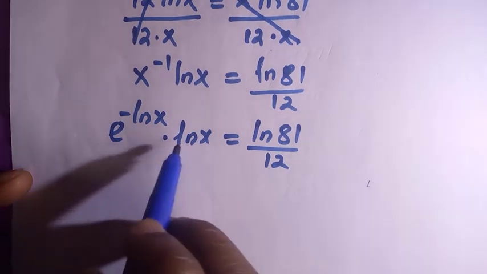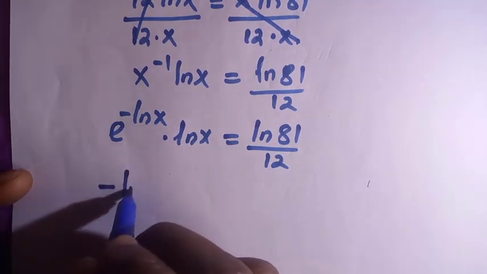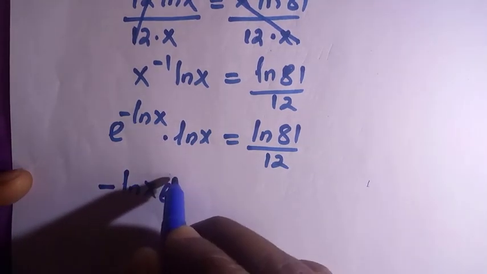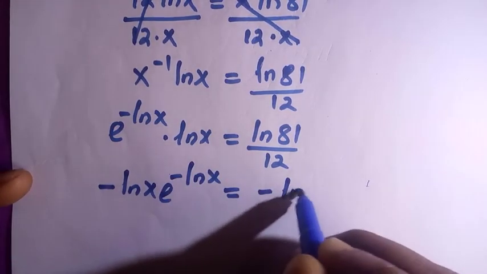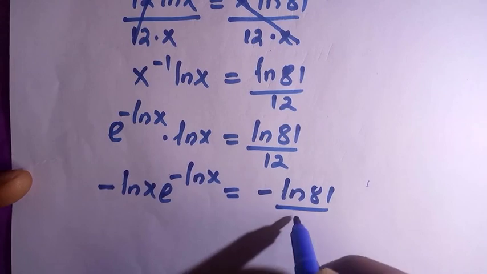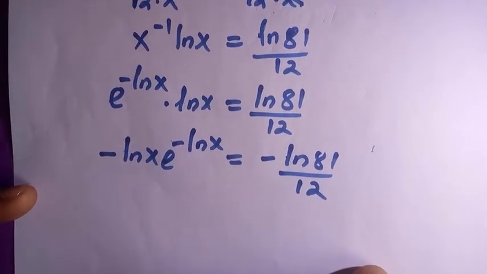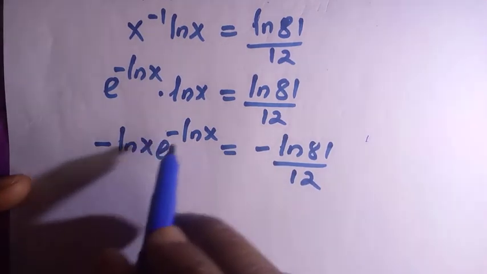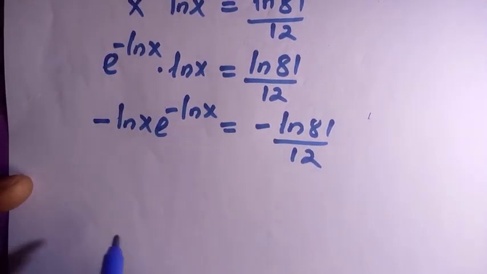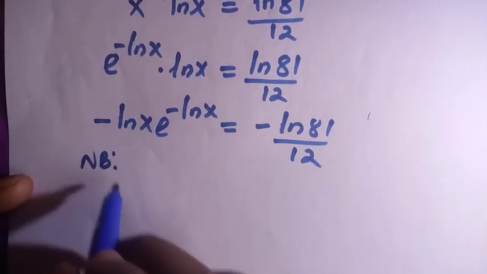And so let's introduce negative to both sides. So we have negative ln x exponential negative ln x equals negative ln 81 divided by 12. The reason for this is I want to apply the Lambert W function, so that's why I introduce negative, just to make the exponential and the coefficient balance.